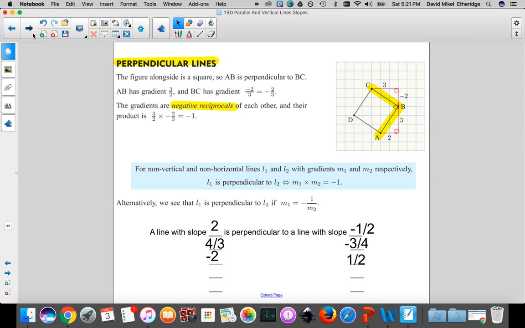Next up, perpendicular. We did parallel, now we're going to perpendicular. Perpendicular lines meet at a right angle. They have opposite reciprocal slopes. Notice that CB has a slope of, we went down 2, right 3, so -2/3.